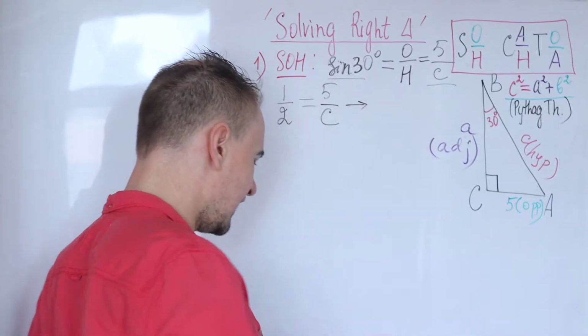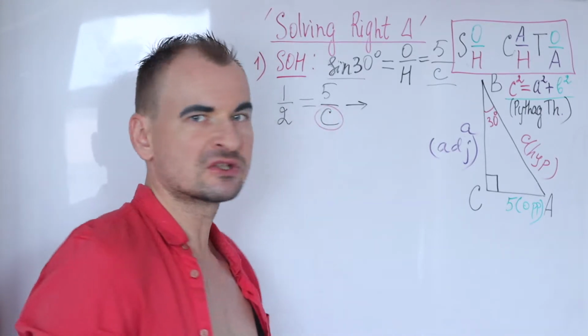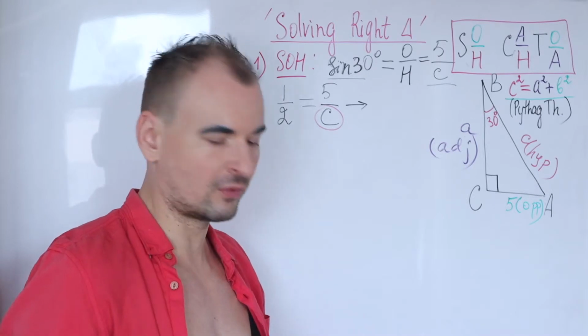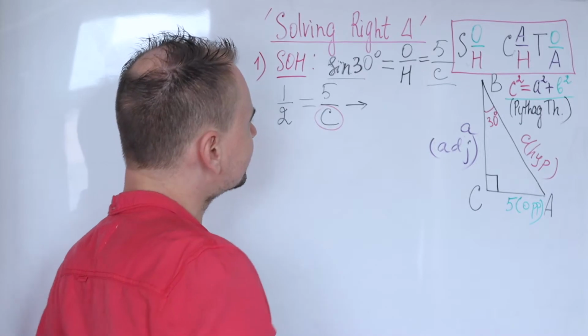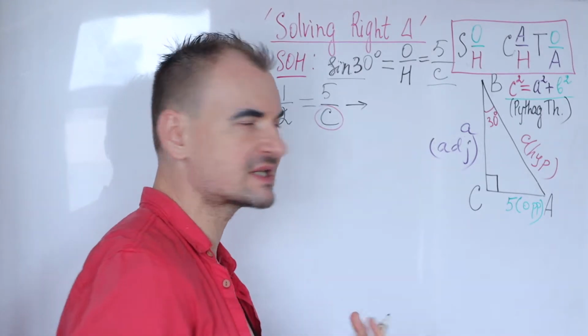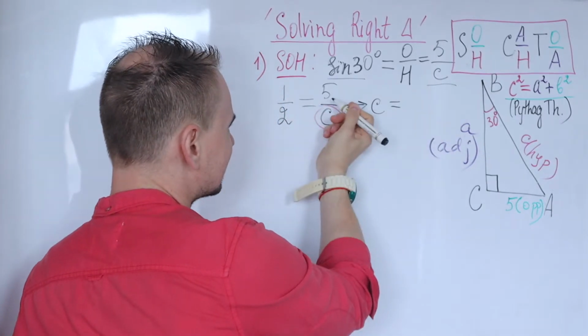Again, we're aiming for c. We want to get c alone, so solving explicitly for c, you could use the proportion property. It's cross multiplication.